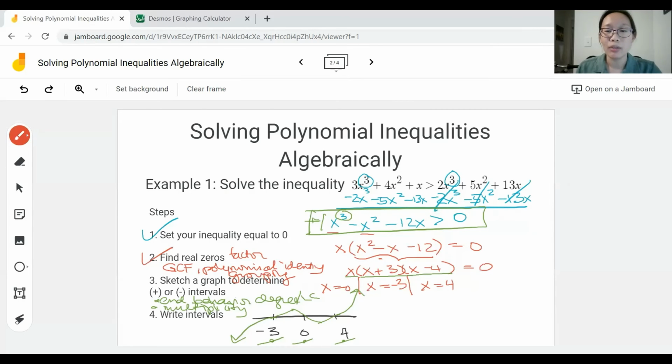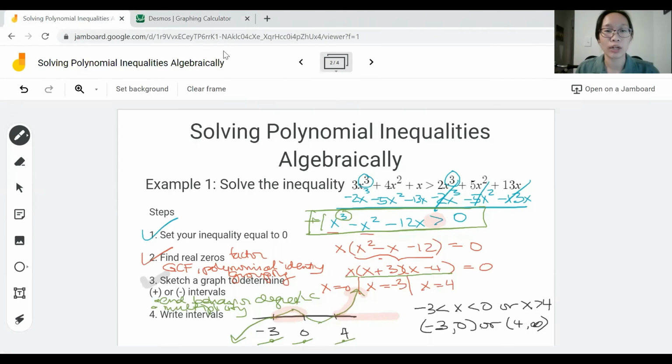From my polynomial, I can see that I'm looking for parts of the graph greater than 0. So that's above the x-axis here and here. And so when I look at what x values that means, it means that I am looking for an x that is between -3 and 0, or an x that is greater than 4. Or in interval notation, this is (-3, 0) or (4, infinity).